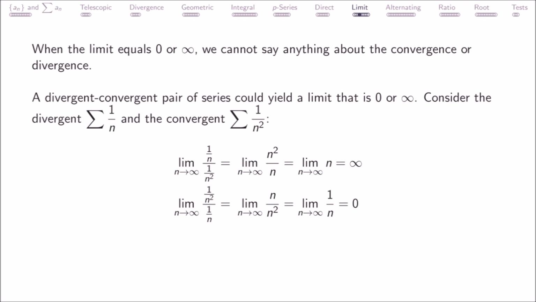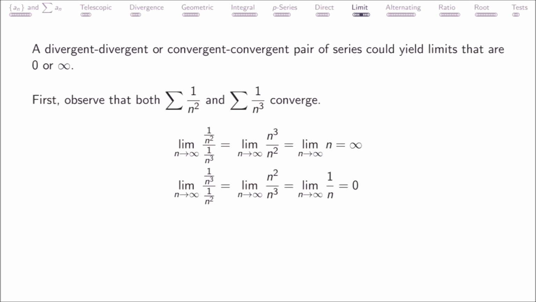When the limit equals 0 or infinity, we cannot say anything about the convergence or divergence. A divergent-convergent pair of series could yield a limit that is 0 or infinity. Consider the divergent 1 over n and the convergent 1 over n squared.